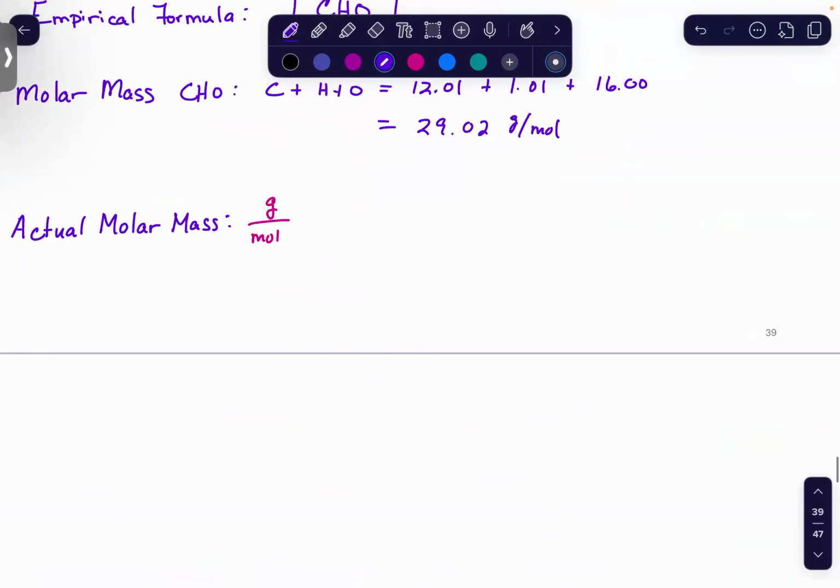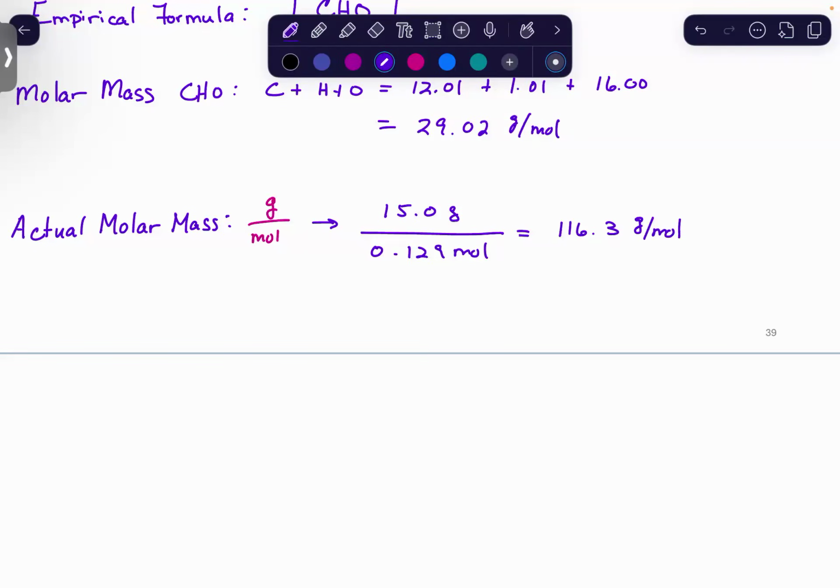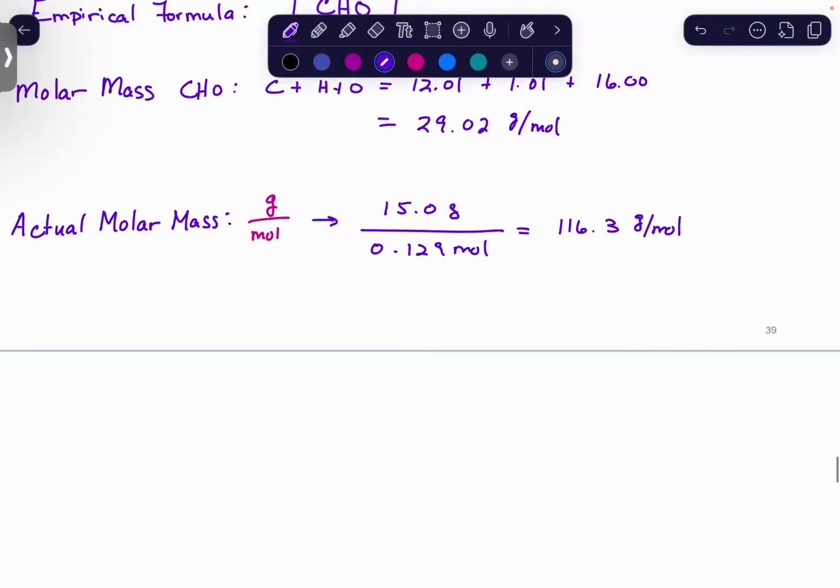So that is going to give me 15 grams over 0.129 moles. That's going to give me 116.3 grams per mole. Now I have the 2 molar masses that I need.